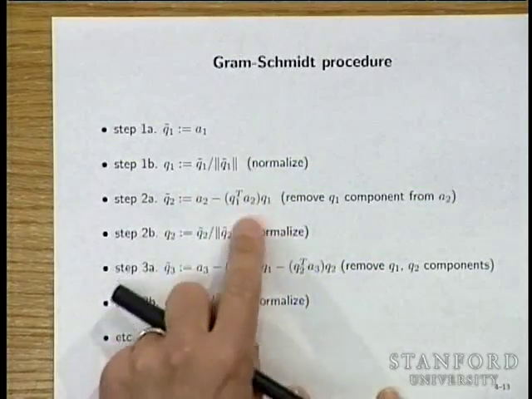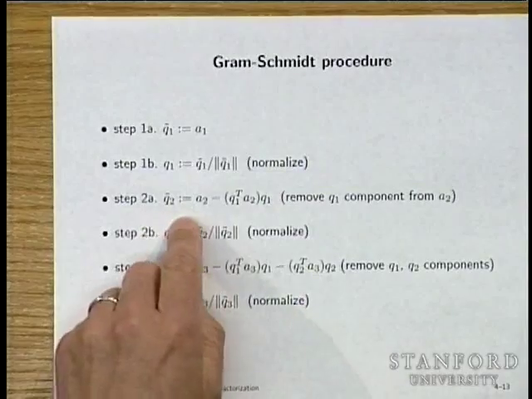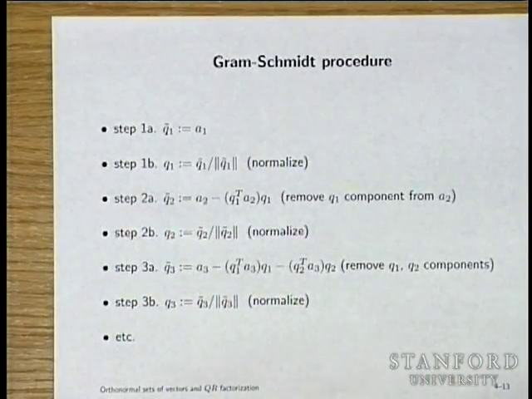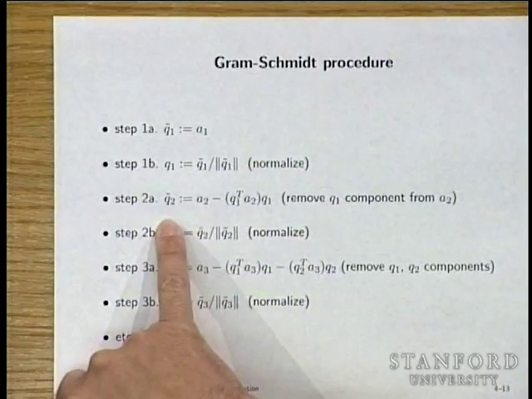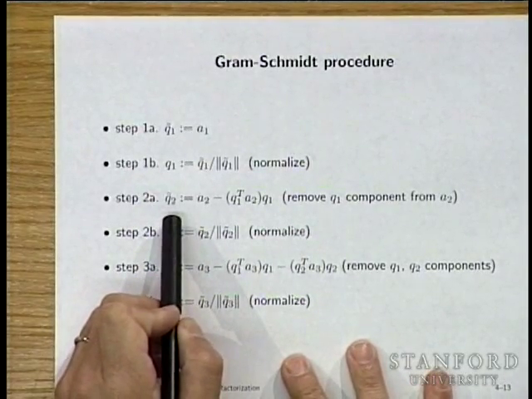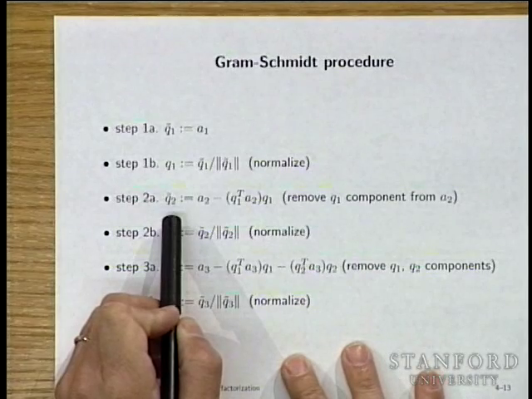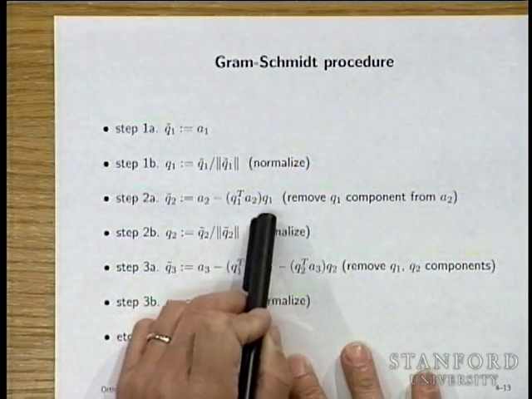When you subtract this, you are orthogonalizing with respect to Q1. That's what you're doing in this step. You can check that Q1 transpose Q2 tilde is 0, and you do it by subtracting the appropriate component of Q1.